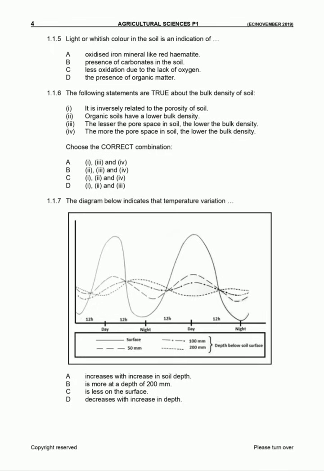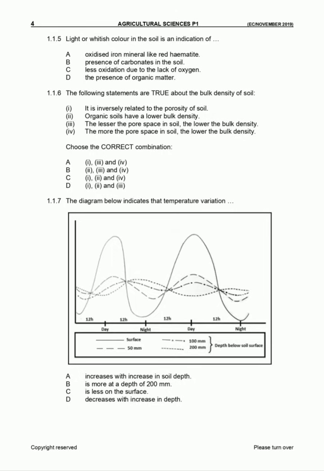Now let's look at question 1.1.5. Light or whitish color in the soil is an indication of... This takes you to soil color, which you did at the end of term 1 and the beginning of term 2. What does the whitish color indicate?